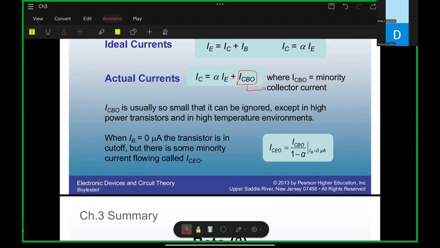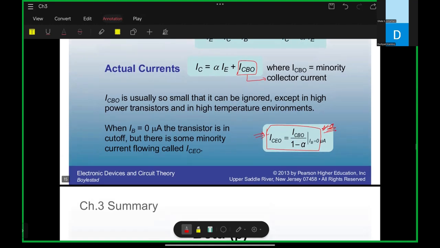There is a relation between ICEO and ICBO. This relation is important, and sometimes he may ask you the question. So remember this relation, and always remember ICBO is the minority carrier current.